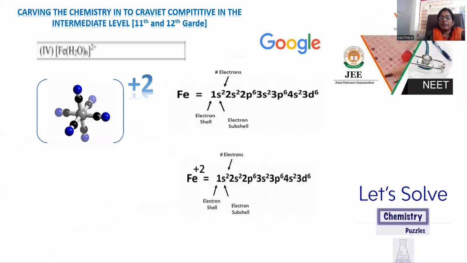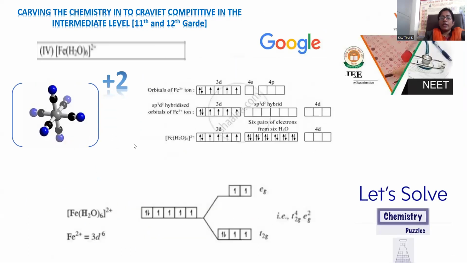We got the Fe plus 2 electronic configuration now. In this Fe plus 2 configuration, you can find a 3d6 system. 3d6 means 5 degenerate orbitals singly occupied with 1 electron, and the 6th electron will come into one of them. So this is the electronic configuration, right? Whenever sp3d2, it will participate in sp3d2.